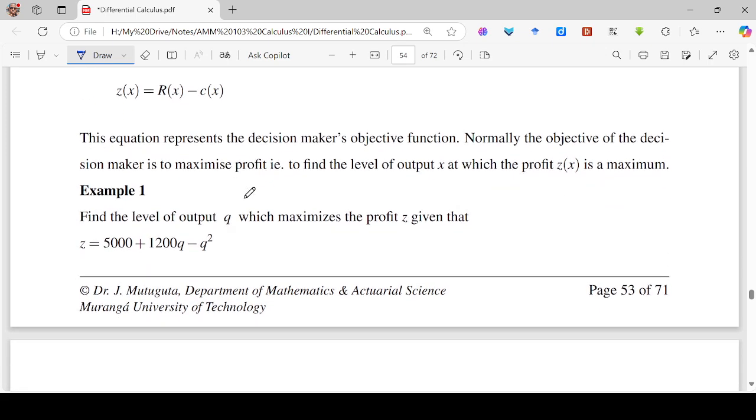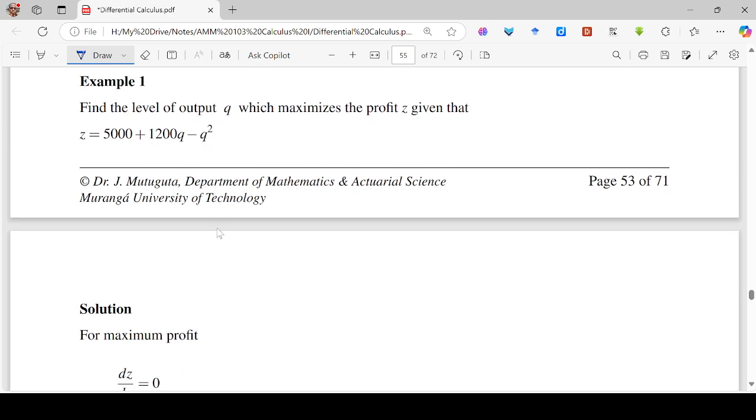So suppose you are told to find the level of Q which maximizes the profit Z. Here we are given the profit function, so we simply need to find dZ/dQ. In this case, it will be 1200 - 2Q.